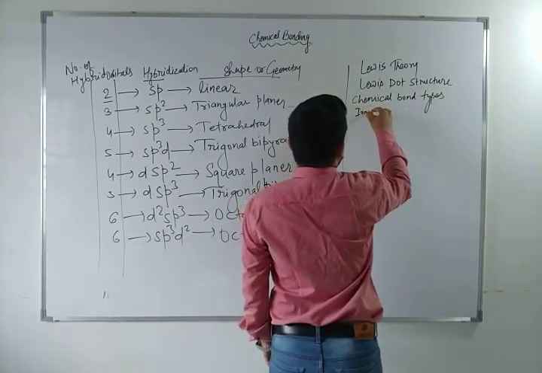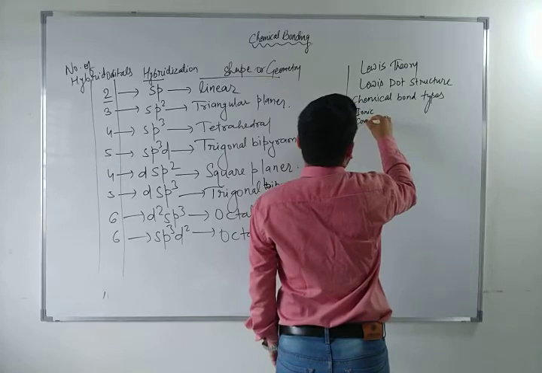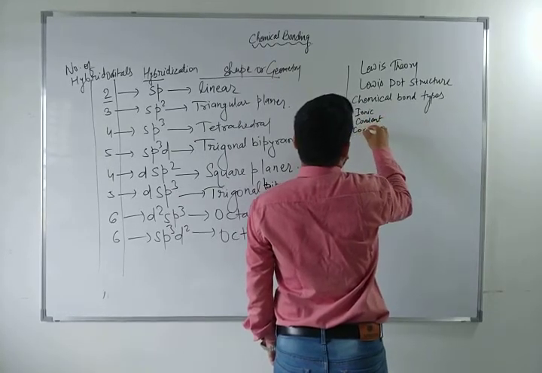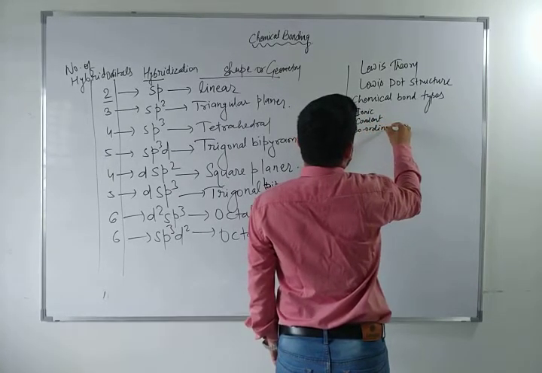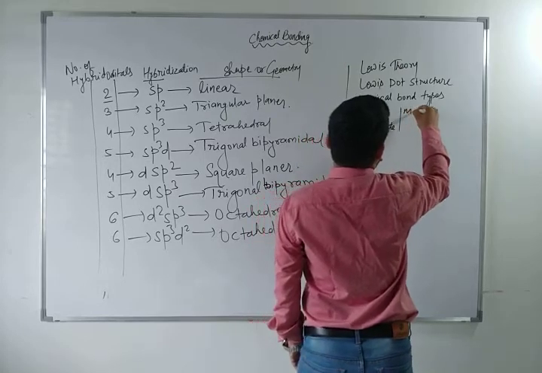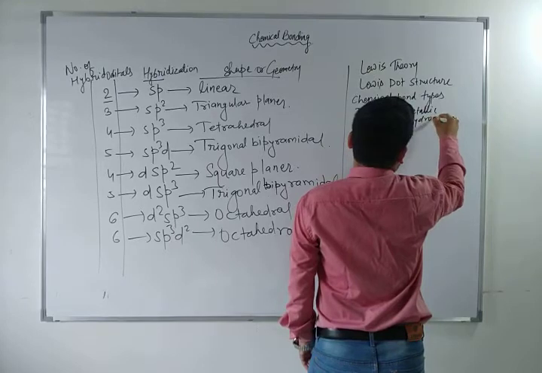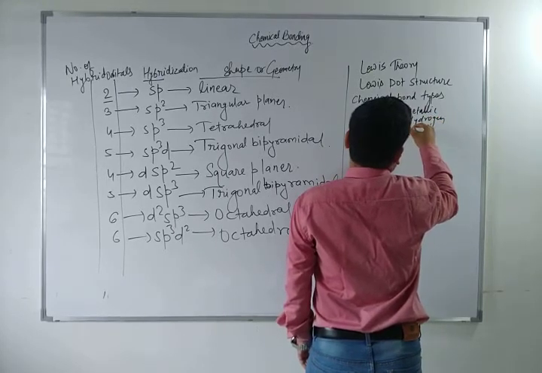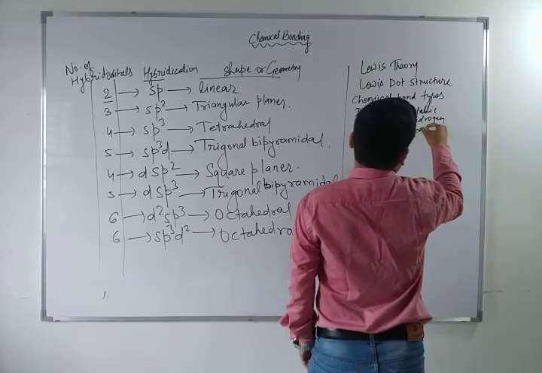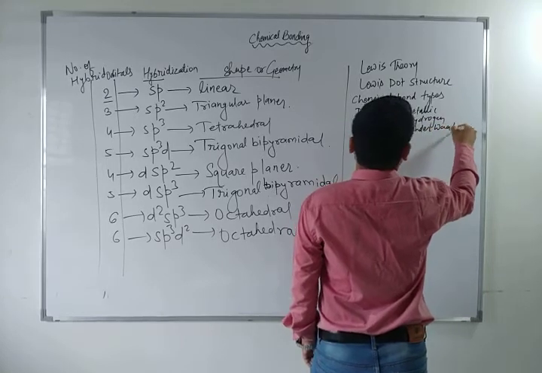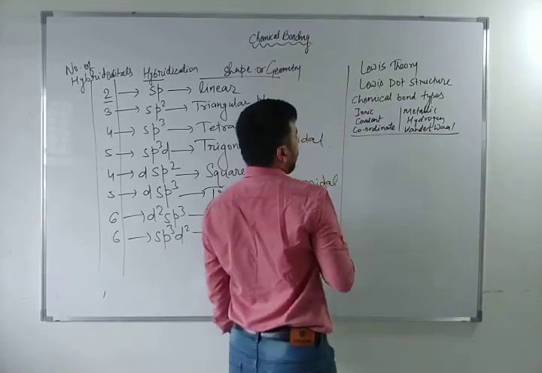Mainly ionic and covalent. Ionic, covalent, coordinate, metallic, hydrogen and van der Waals. The 6 types of chemical bonds.